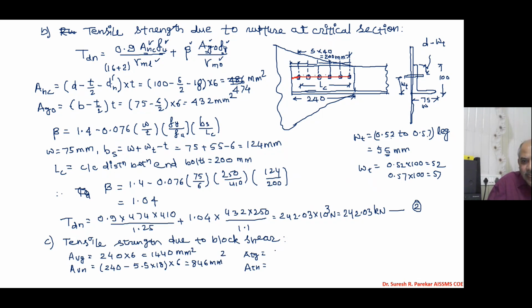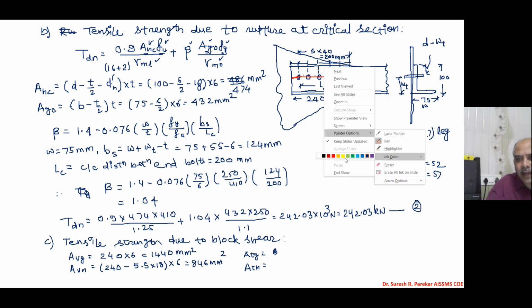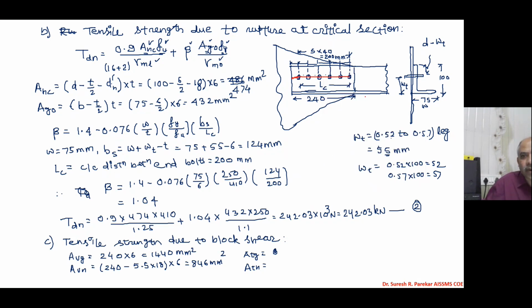Then we have ATG. Now we have this value perpendicular to this, towards the toe side. So this distance. Now we have WT as 55, so automatically we will get this value equal to 45 millimeters.